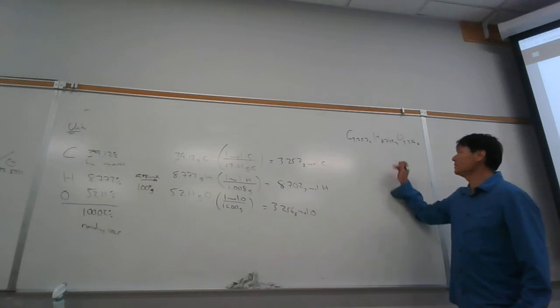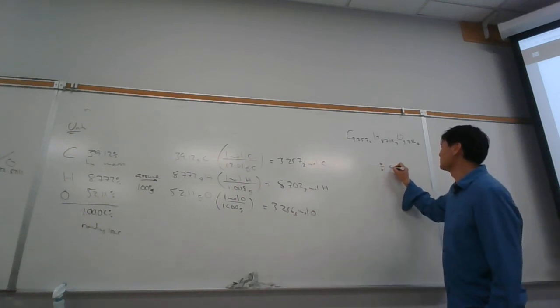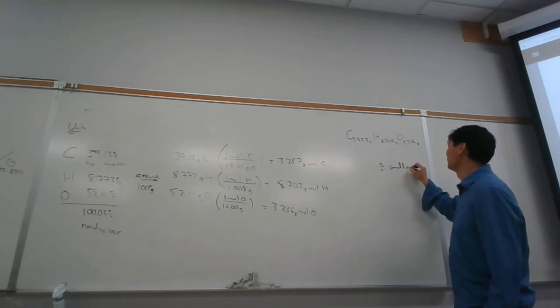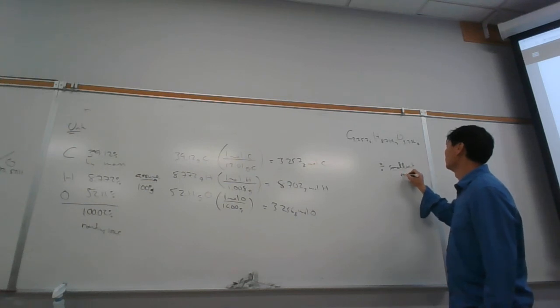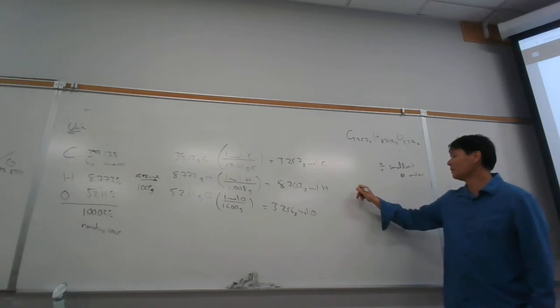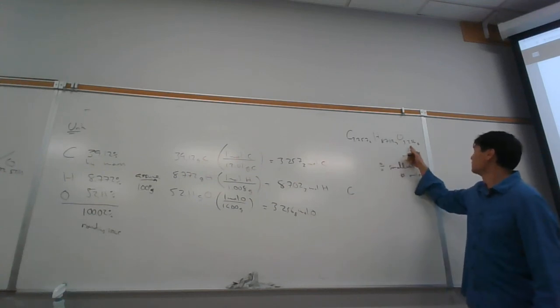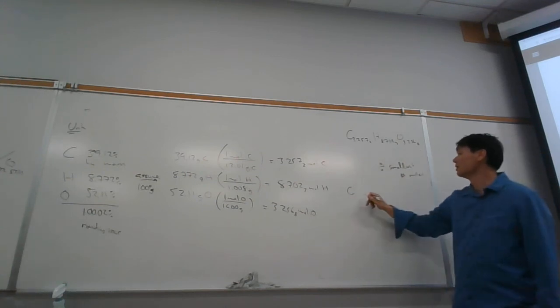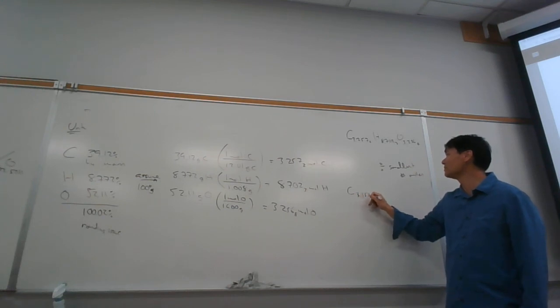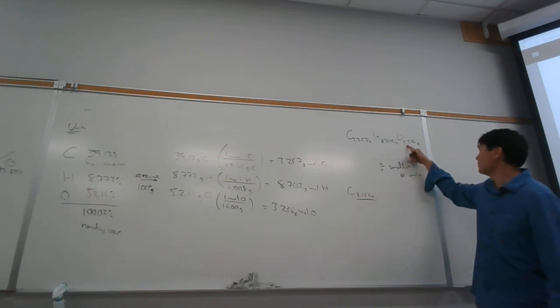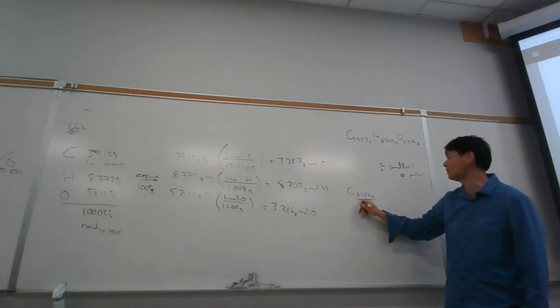And so to clean this up, we divide it by the smallest number of moles. When we divide it by the smallest number of moles, which one's smallest? It looks like this one's smallest. So carbon is 3.2572 divided by the smallest number, which would be 3.2568.